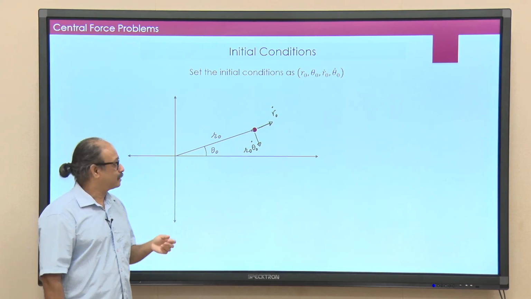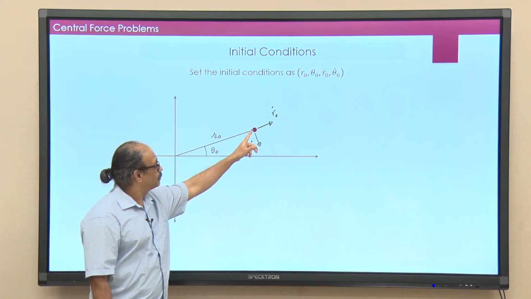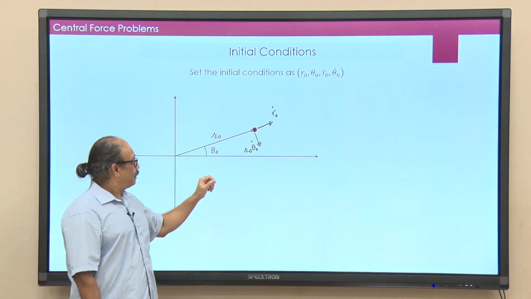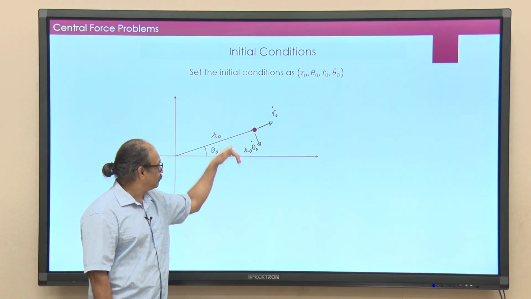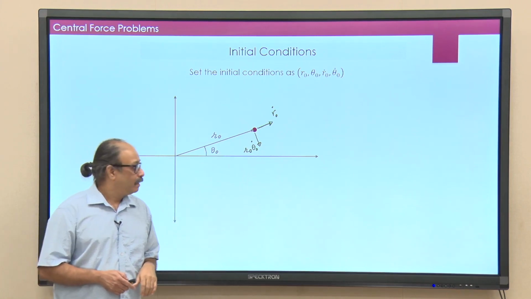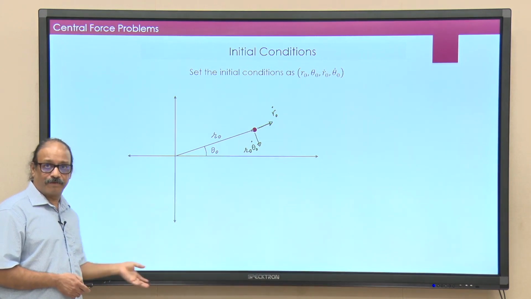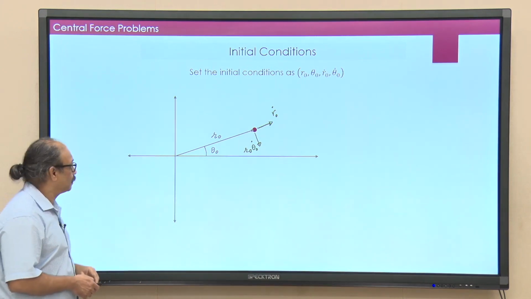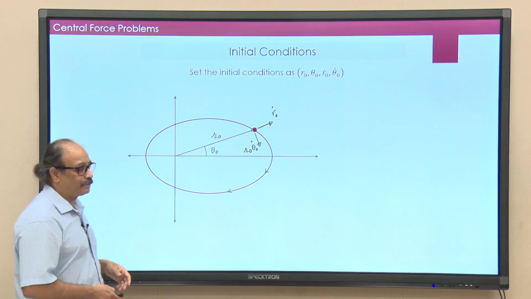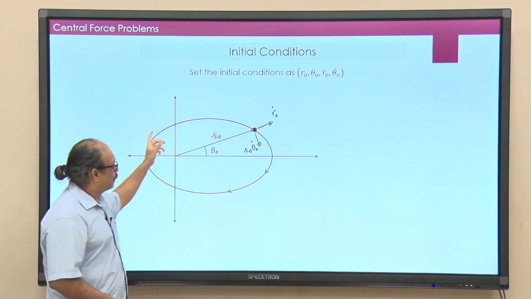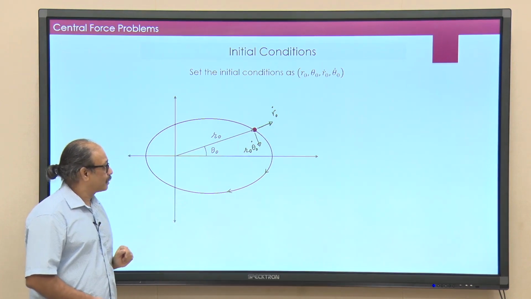Say in this example, I give this particle some outward radial velocity and a tangential velocity which is in this direction. And if I set this in motion, the particle would perform some motion in space, and here, just as an example, I have taken this elliptic orbit, okay, and it would be moving like this.